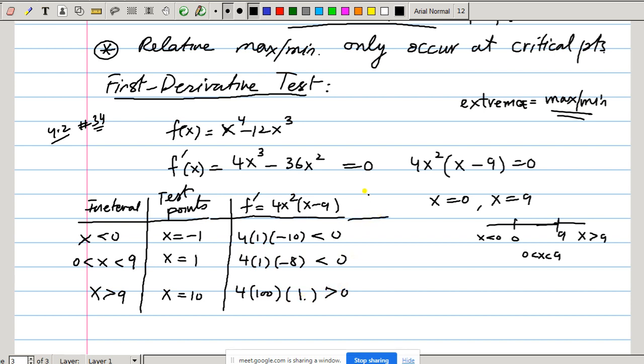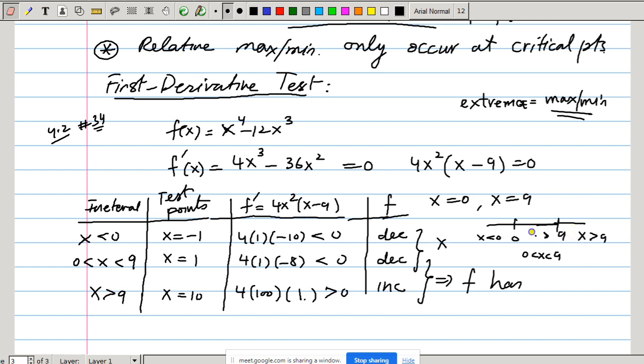So now f is decreasing to the left of 0, still decreasing to the right of 0, but then it is increasing. I got nothing at 0, but I got a relative extremum at 9. Before 9 it was decreasing, after 9 it started increasing, so we got a minima there. So I can say that f has a relative minima at x equal to 9.